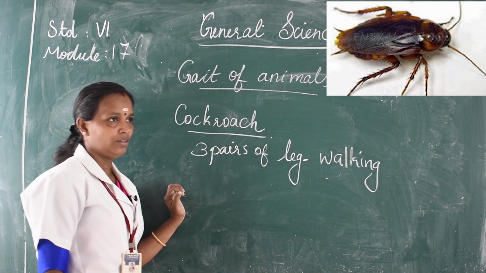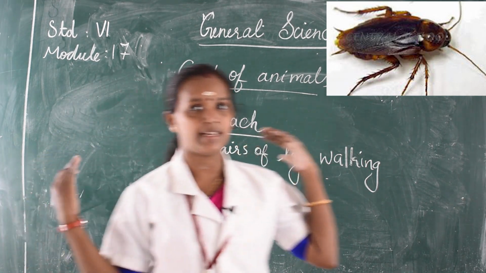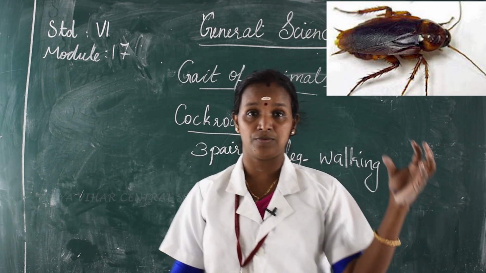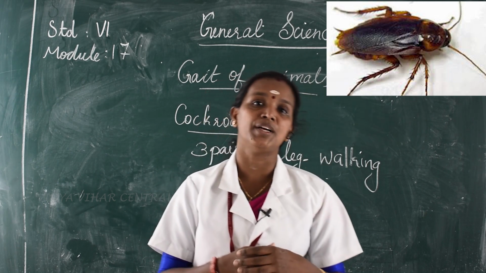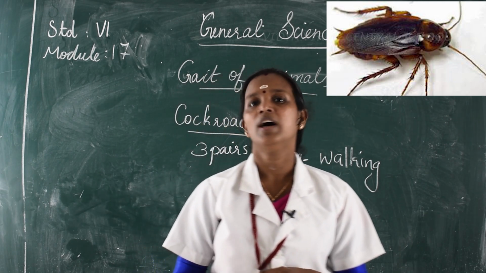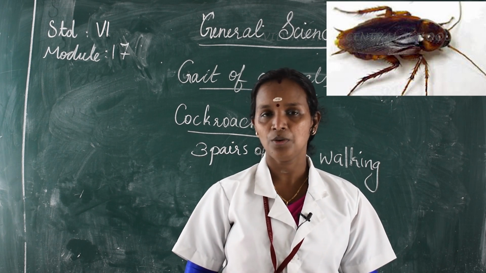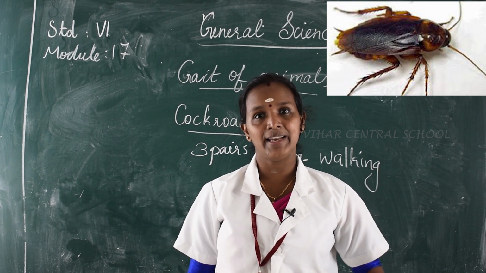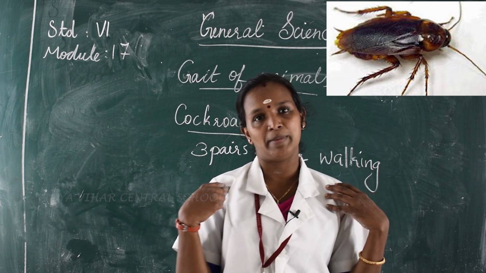And they have a hard outer skeleton which is made of different units joined together, and that helps them to move from one place to another. They have muscles at the leg portion and also at the breast portion.